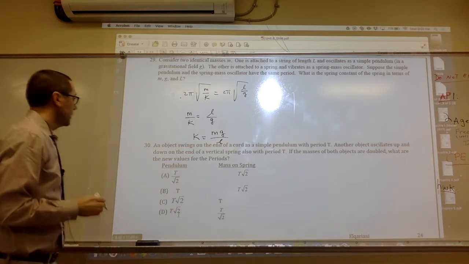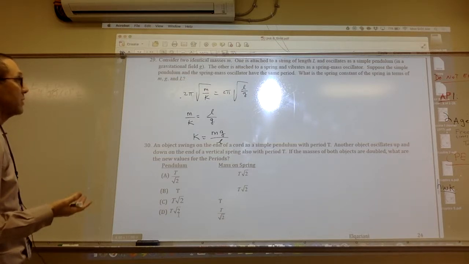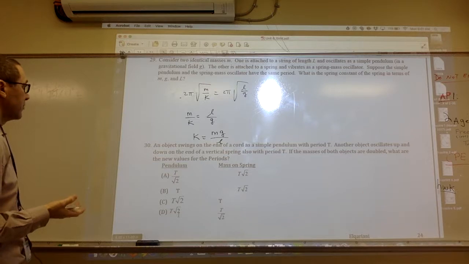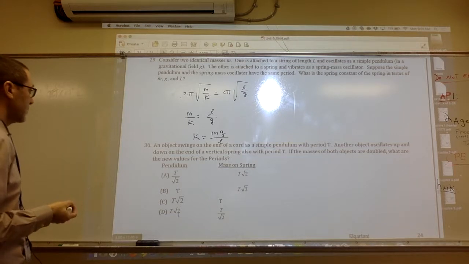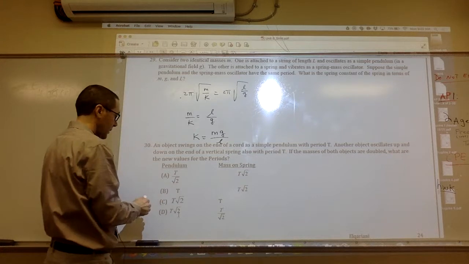Number 30. An object swings on the end of a cord as a simple pendulum with period T. Another object oscillates up and down on the end of a vertical spring, also with a period T. If the masses of both objects are doubled, what are the new values for the periods? Well, for the pendulum, the period will not change.